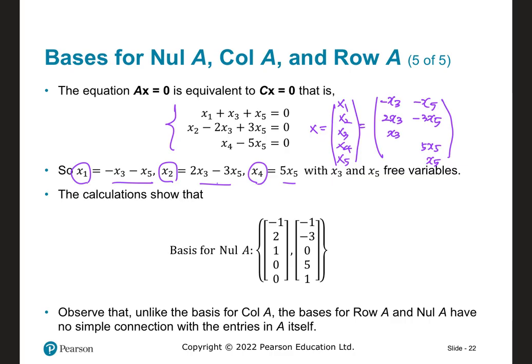And that vector can be written as the sum of two vectors, one having only x3 components, and the other having only x5 components.